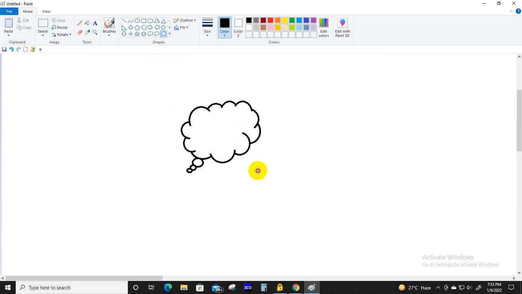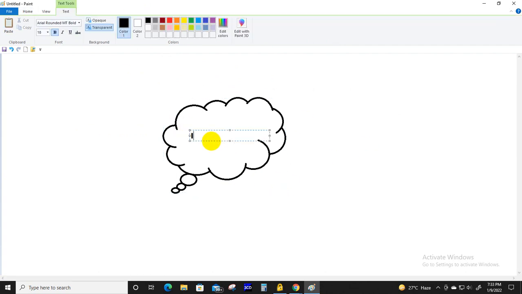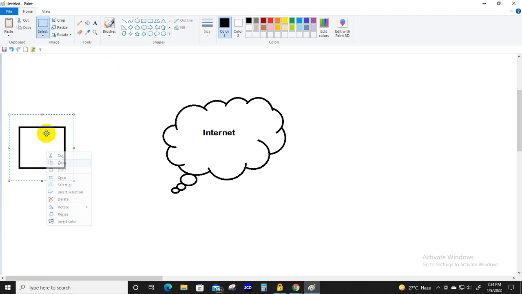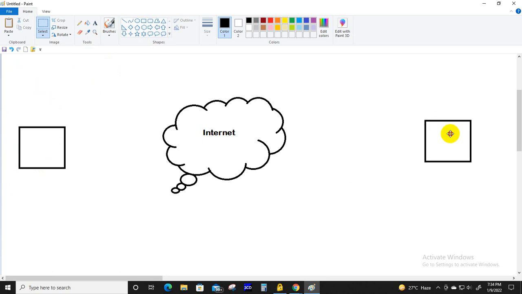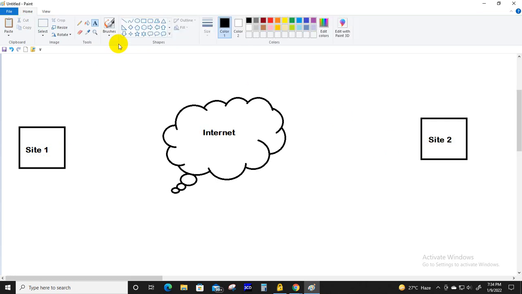Suppose this is the internet. This is your site 1. And this is your site 2. Both sides have internet connections.